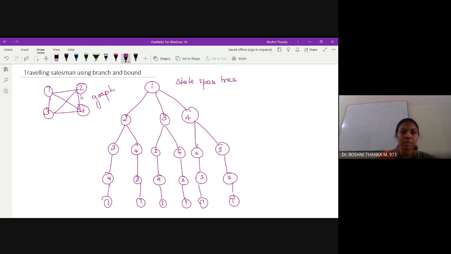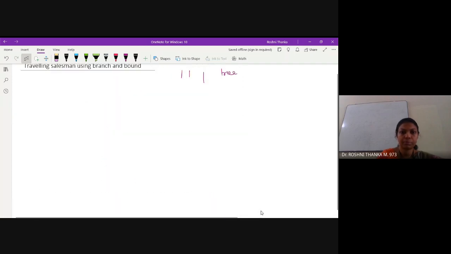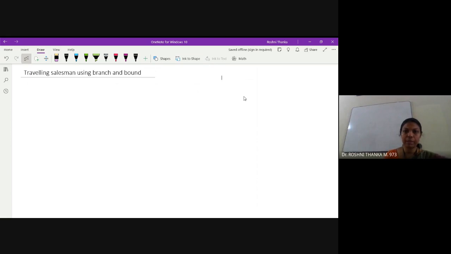So let us solve this traveling salesman problem with an example. Let me take a new example here, and we'll solve it using branch and bound. First, let me take a graph.